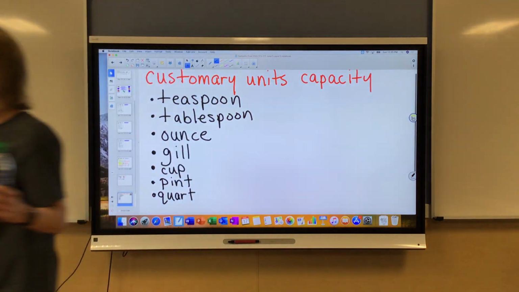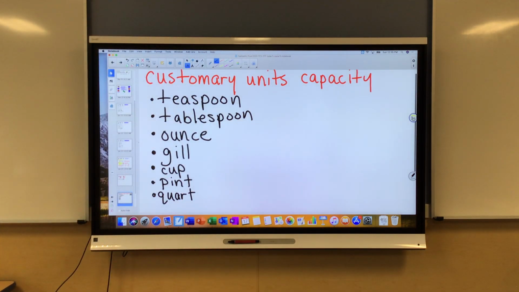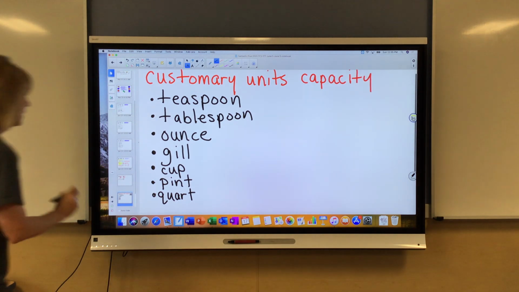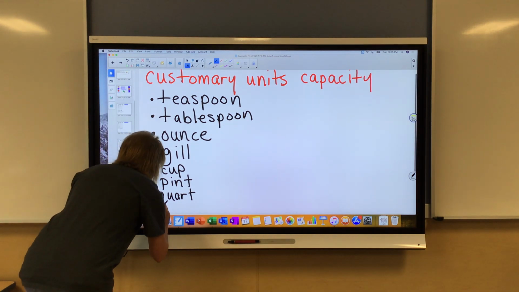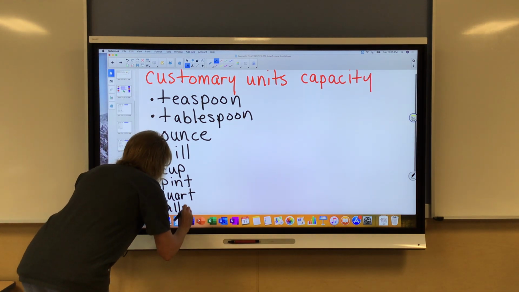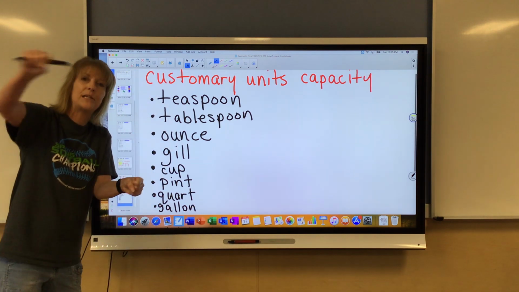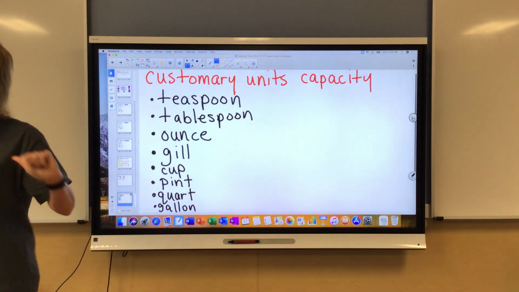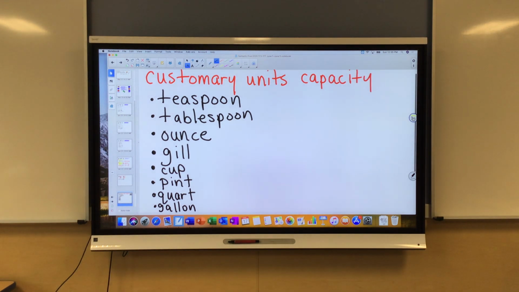Or at the grocery store, one of those tall, skinny milk containers. And then gallon. That's the big jug of milk Miss Thompson pours from in the lunchroom, or that big jug of Hawaiian punch we used at the beginning of the year when we made jitter juice.